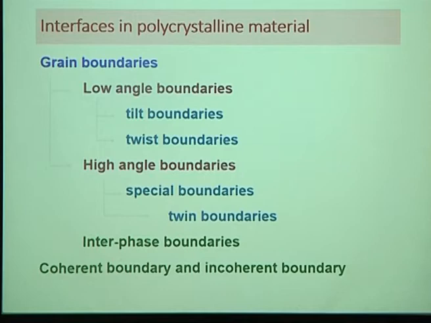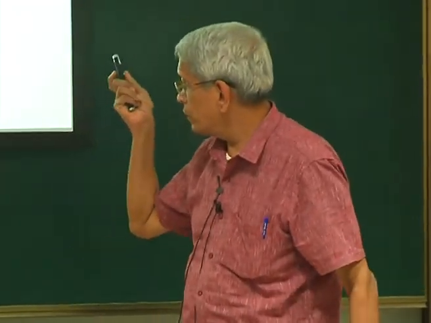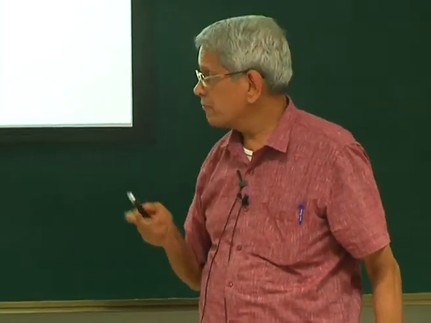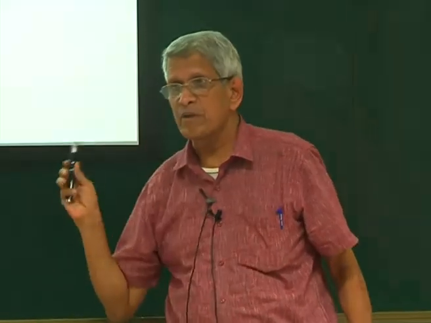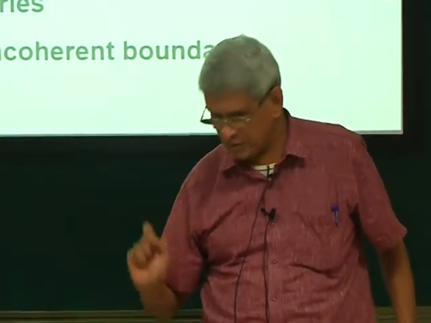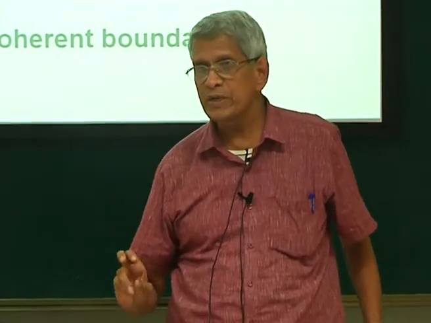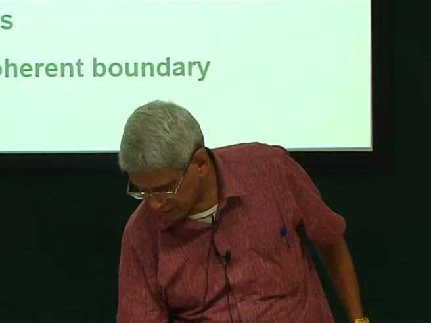Then there are high angle boundaries, some of which are special types of boundaries. Twin boundaries are one case that we will talk about. Some boundaries are called coherent boundaries, some are incoherent boundaries. We will look at all these various types of boundaries, and how they can be identified and characterized.